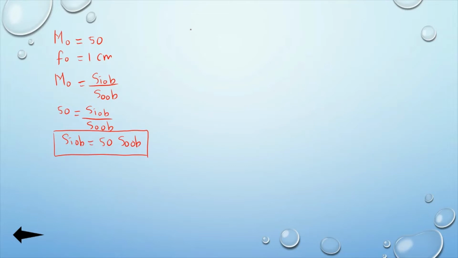Now, let's use the general equation 1 over SOOB plus 1 over SIOB equals 1 over FO. 1 over SOOB plus 1 over, substitute the value of SIOB by 50 SOOB from this equation.